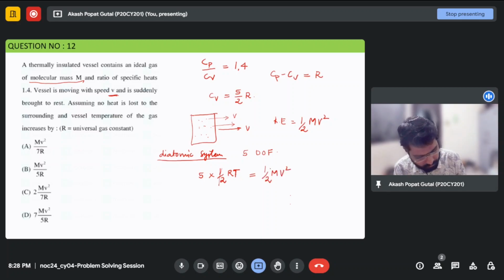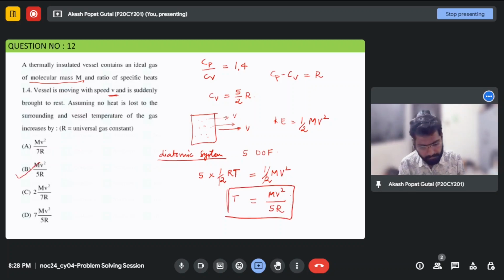And so the 1 half gets cancelled, so T will be M v square by 5R. The option is B.